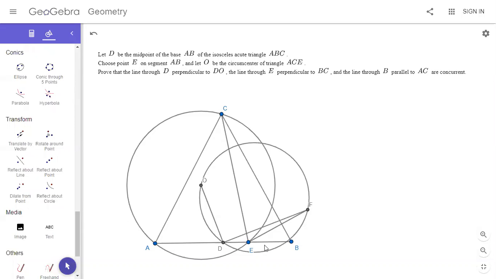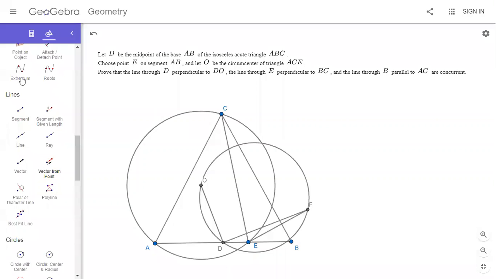So yeah, OF is obviously a diameter. How would we use that fact?